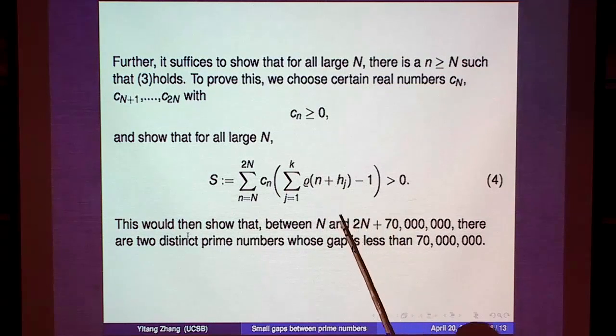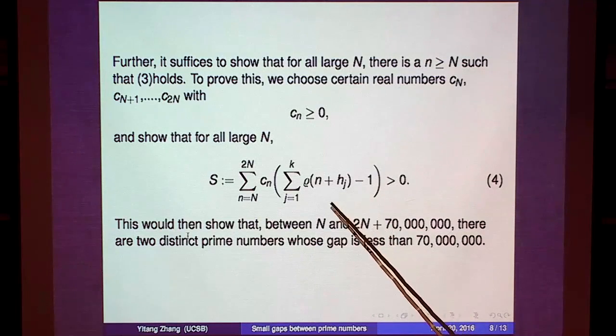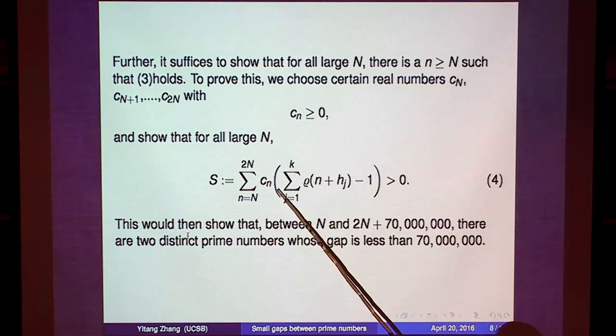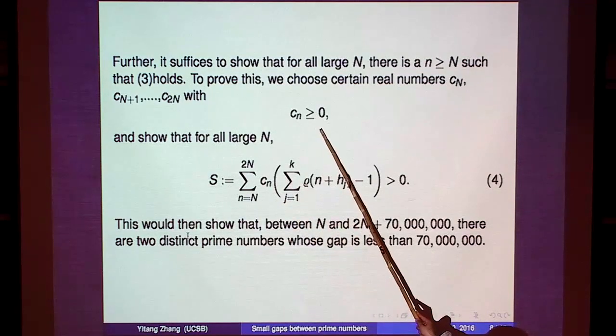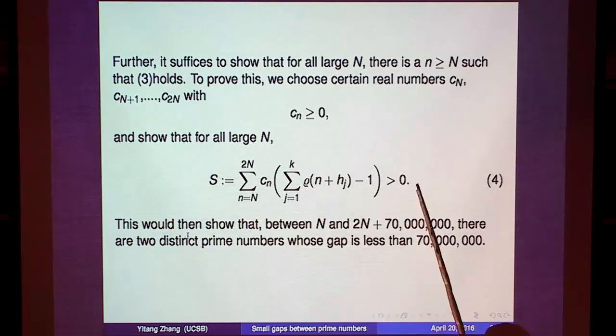That just means there are at least two prime numbers. So that's the gap. Now we fix h1, h2, up to hk, and what remains is to choose the coefficients C sub n satisfying this condition. And we need to verify this is correct.